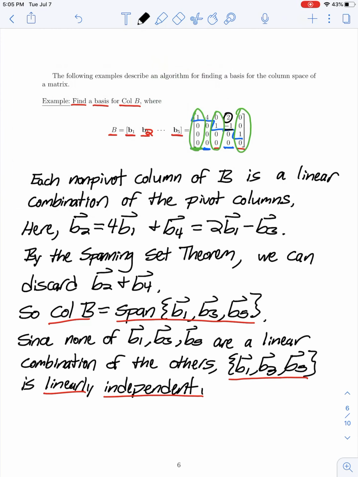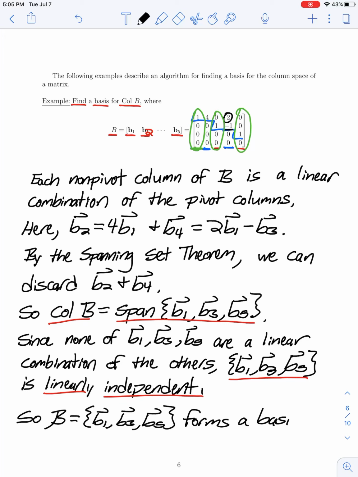Therefore, that set forms a basis for the column space of B. So here, you'll notice in the book we use this script B instead of a regular B for a matrix to denote a basis, which would be the set of vectors B1, B3, and B5, which is a basis for the column space of B.